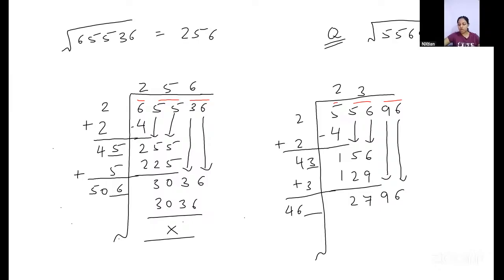Now, since 2796 is ending with 6, I'm going to try with 6. No, ma'am, try with 4. Ma'am, try with 6.